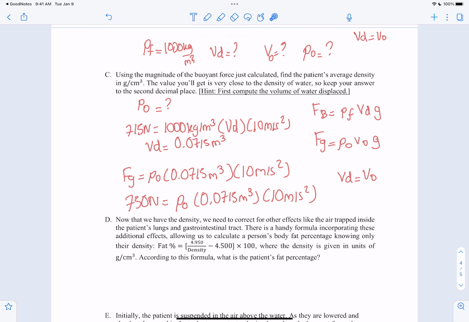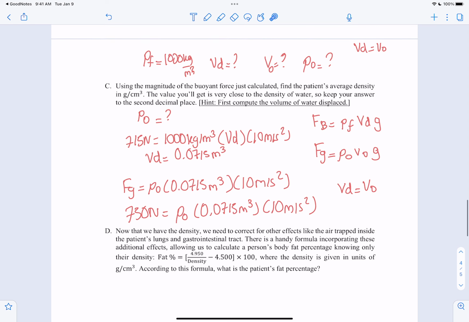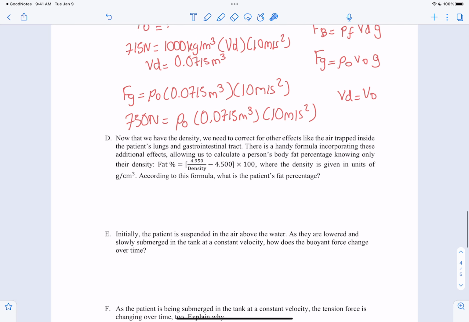Sound cool? Hopefully that makes sense. But yeah. Do you understand that now, Matthew? Okay. Is there something specific that you're still not quite getting? Or do you just need a little bit?